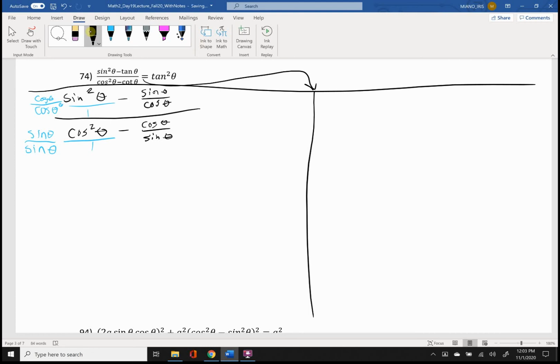Okay, so here's what that'll look like in the next step. It'll be sine squared theta cosine theta minus sine theta all over a cosine theta. And that's just what I'm calling the supernumerator.